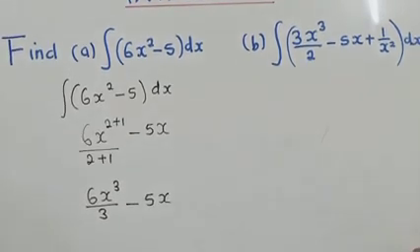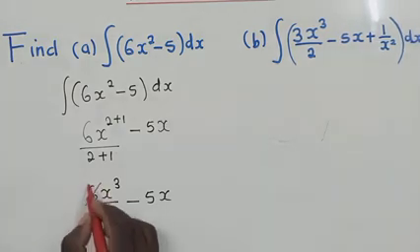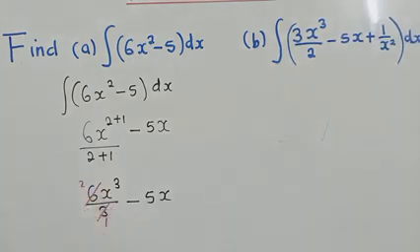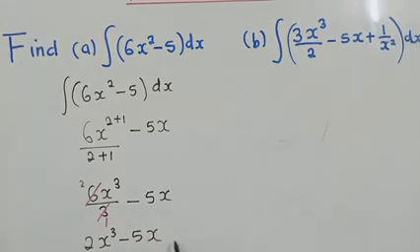Now we have to divide. 3 into 3 is 1, into 6 is 2. So we have 2x power 3 minus 5x.